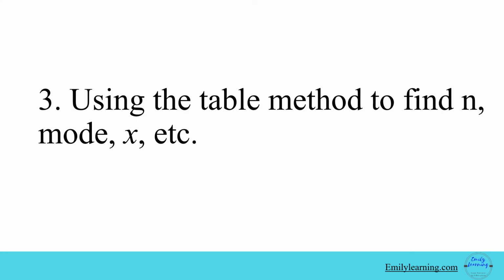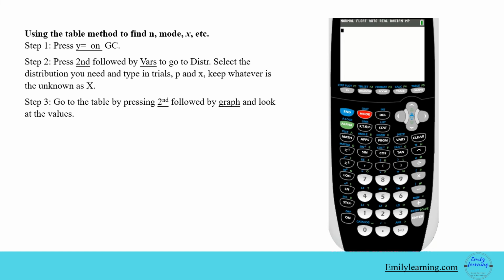Next, let's look at how to use the table method in the graphic calculator to find unknowns like n, mode, and x. To use the table method, you first press y equals on your GC. Then depending on the equation that you have, for example, p of x equals to x, we will use Binomial Pdf if it's a binomial distribution.